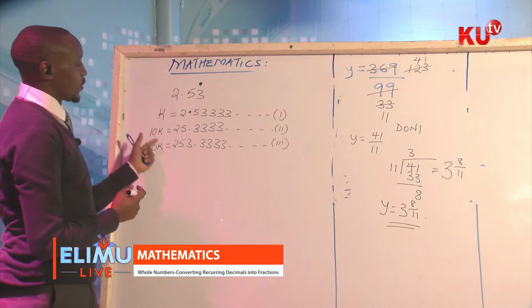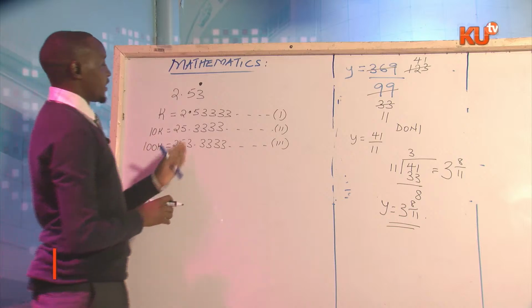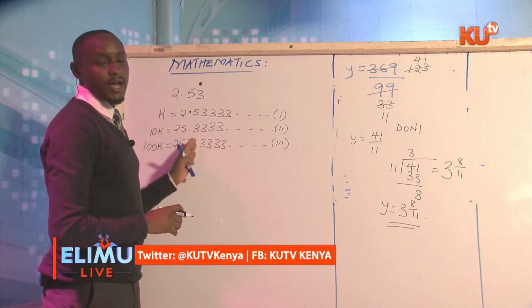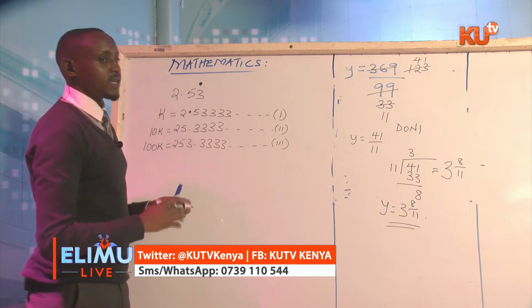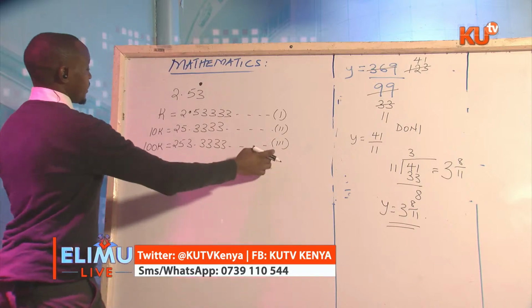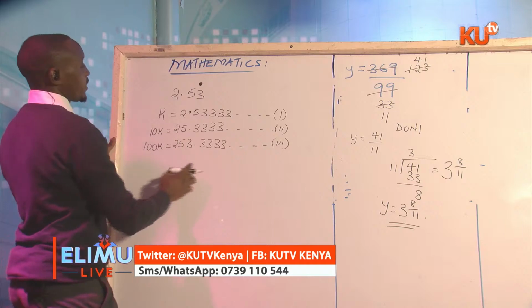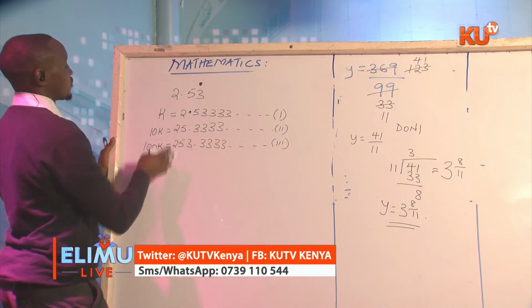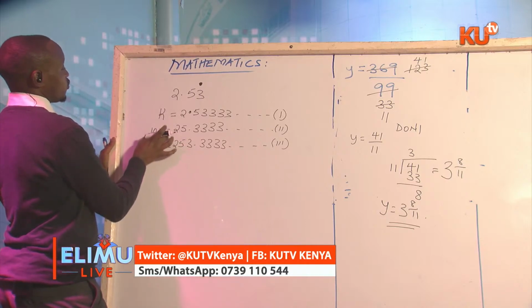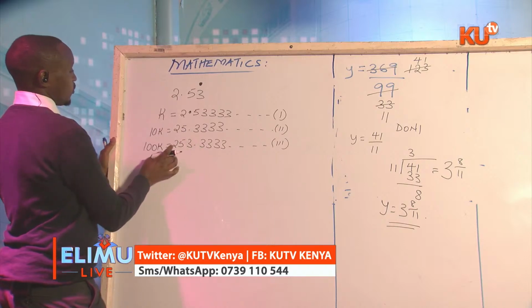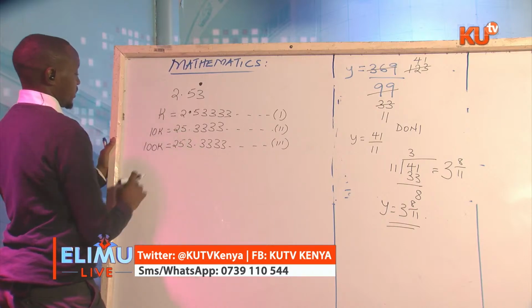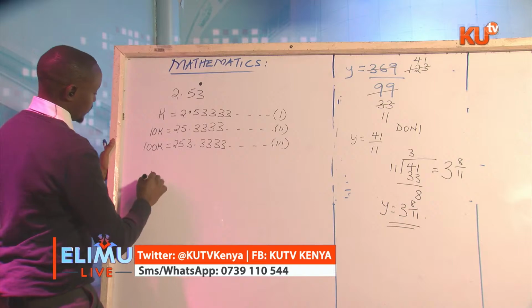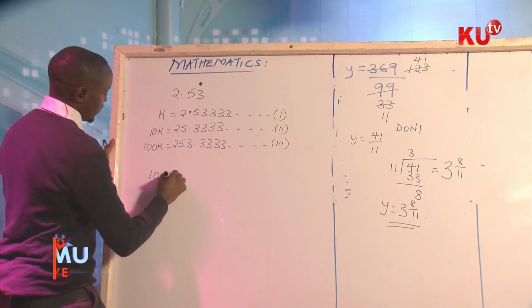Look at our equation 2 and equation 3. After the decimal, all the digits are the same. So it's easier to subtract equation 2 from equation 3 than to subtract 2 from 1 or 1 from 3.